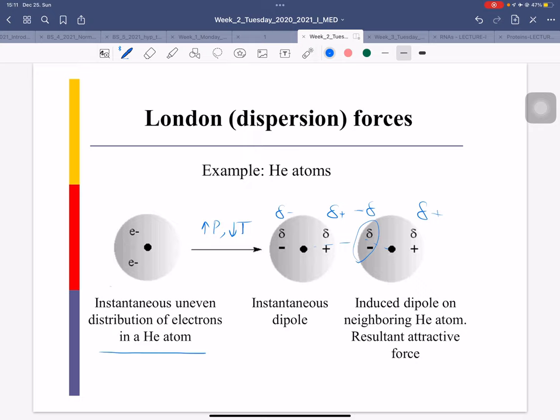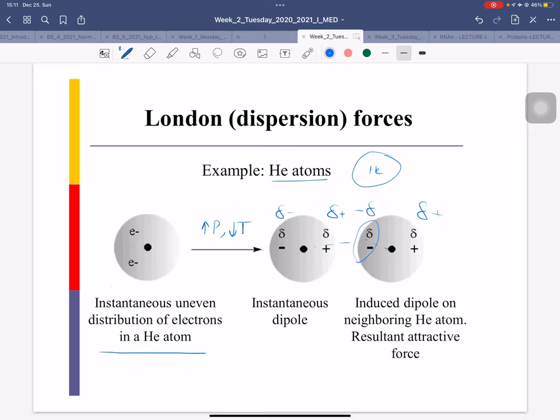Okay, for example, in helium, usually simple helium is just a symmetric atom, and it is very stable. But when we increase the pressure and decrease the temperature, we force the helium atoms close to each other, and we induce the formation of the London force, because we make atoms asymmetric, and one part of the helium will be partial positive and the other part will be partial negative.